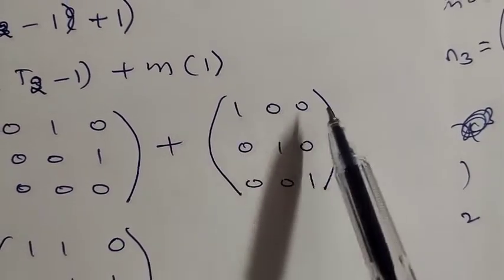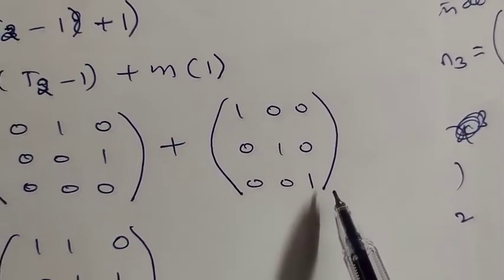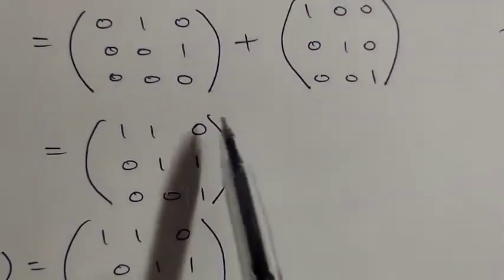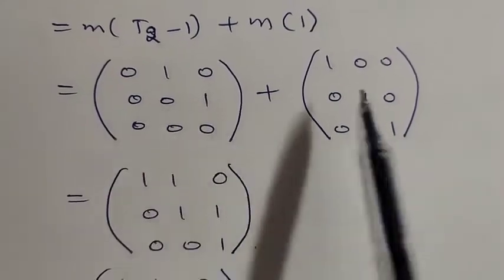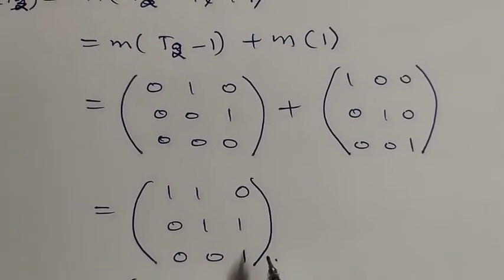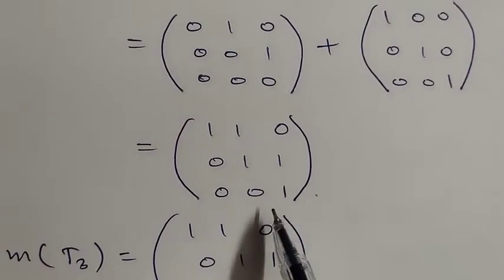If you add up, this gives 1, 1, 0, 0, 1, 1, 0, 0, 1. So this is the matrix of T2.